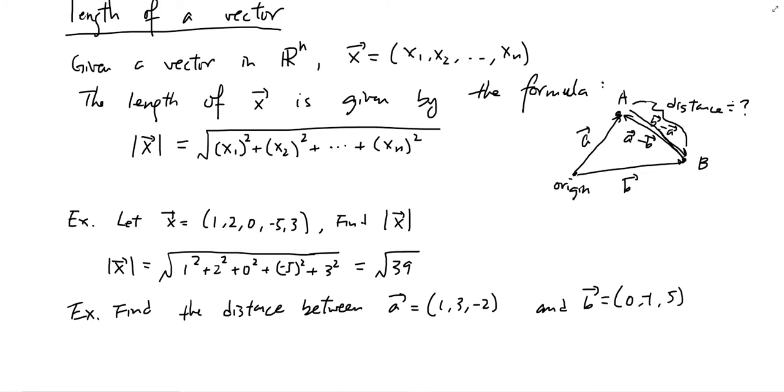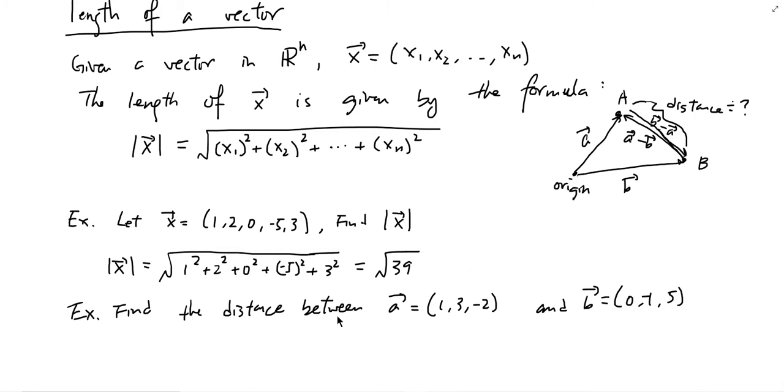So how do you find the distance between them? Please remember, don't find the length of A and the length of B and then subtract them, because that's not mathematically how you find the distance. That would give you the difference between the two lengths, which would not equal the distance between them for the most part. You might get lucky and happen to get the same value, but I highly doubt that would be the case.